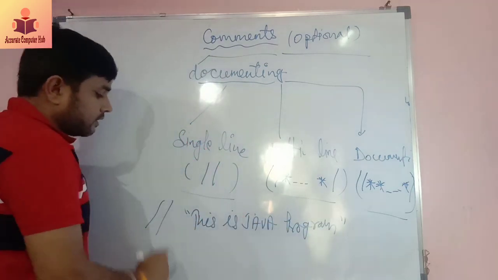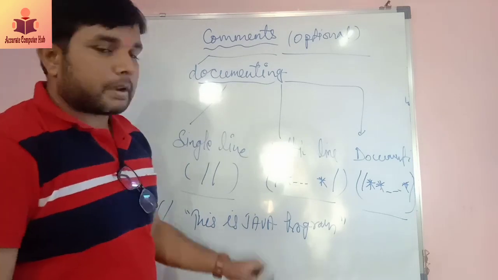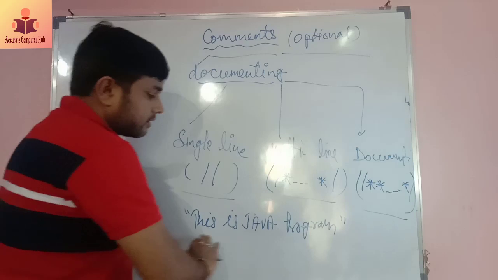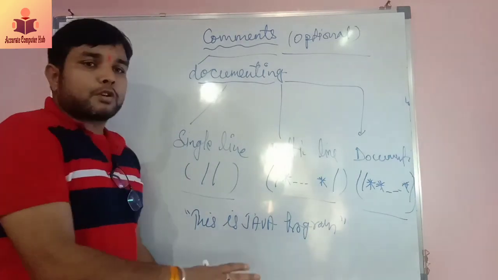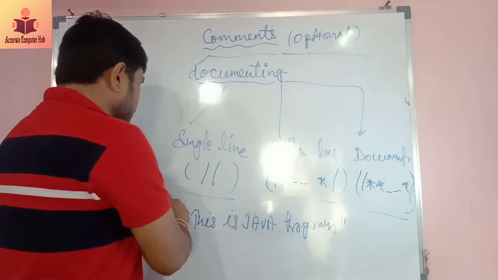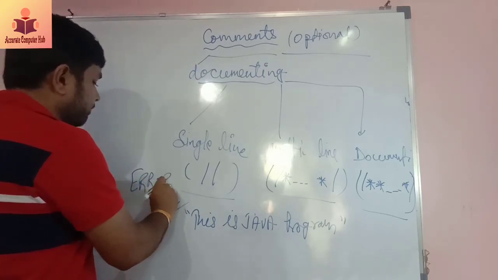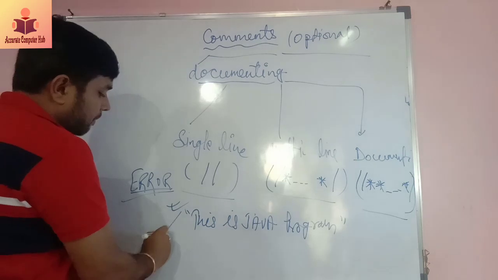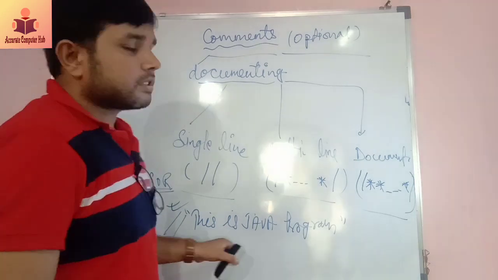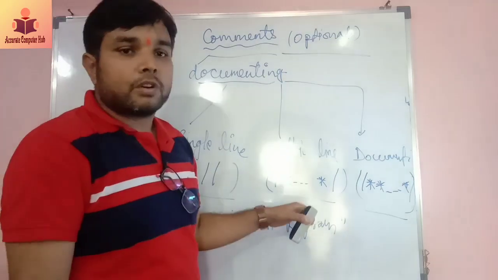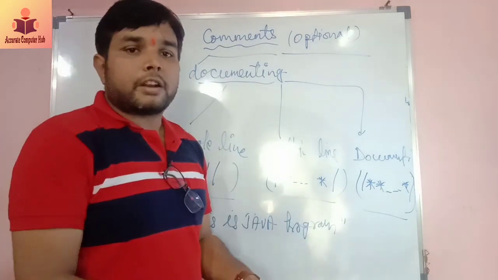If you write just this is Java program without system.out.println, then this will give you an error. But if you write double slash before that, it means this is a comment, and this will show only in the source window. This will not show in the terminal window.